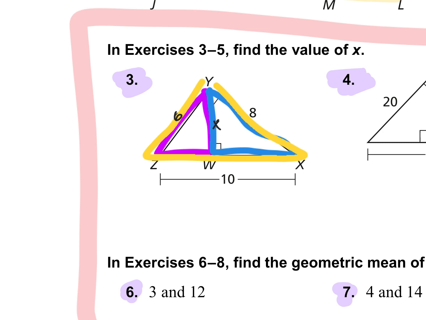All right, when I'm looking at this, I can set this up as proportions. I could set it up as 6 over x. Okay, here's my right angle. So I have my hypotenuse and my base is proportional to, I have my large triangle. My hypotenuse, which is 10, over what's the same side as my 6?